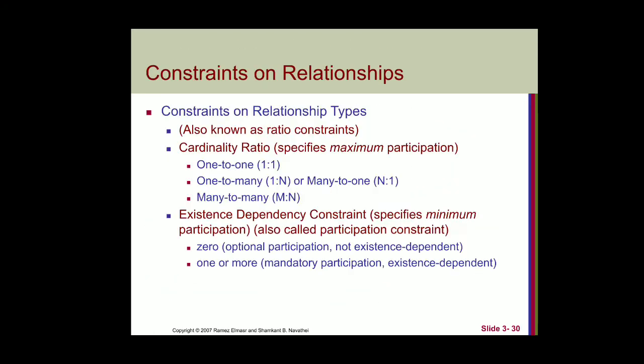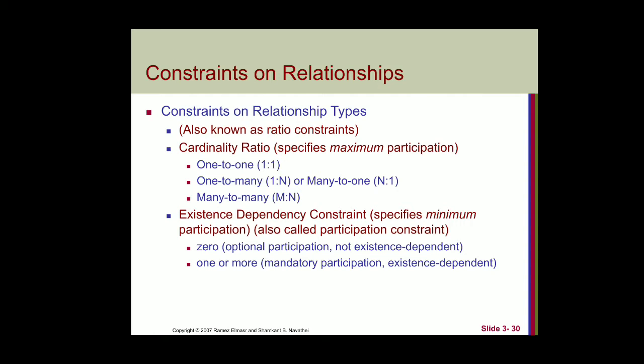Then we will study constraints on relationships. Constraints on relationship types are also known as ratio constraints, and we can divide them into two categories.